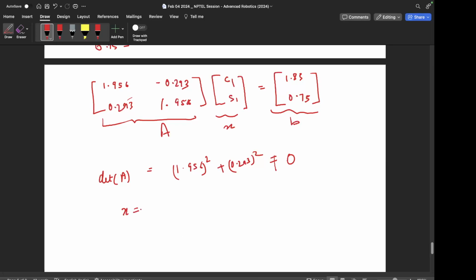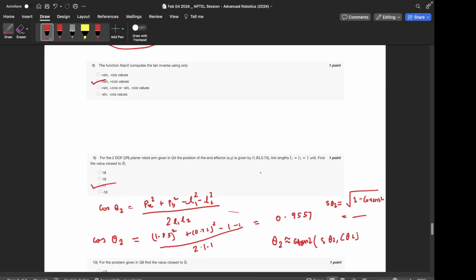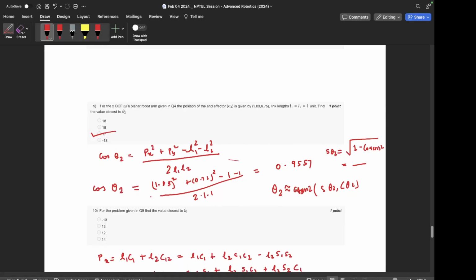So X will be A inverse B. When you do this, you will get C1 and S1 as some numerical values, and then you can find theta 1 is equal to atan2 of S1 comma C1, right? That's how you get theta 1, and in this case you will get it close to 14 degrees.